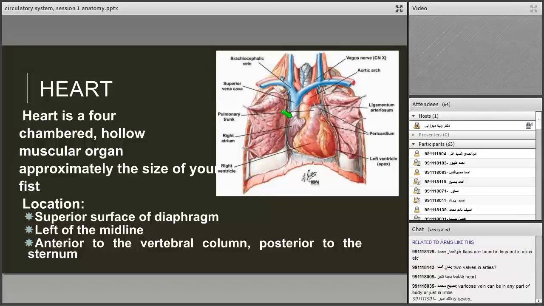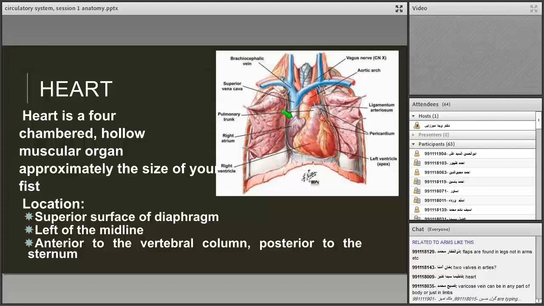No. We don't have varicose veins in arms. Pay attention. We don't have varicose veins in arms. It happens in legs. Because the movement of the hands is more than legs, and the blood is flowing most of the time.